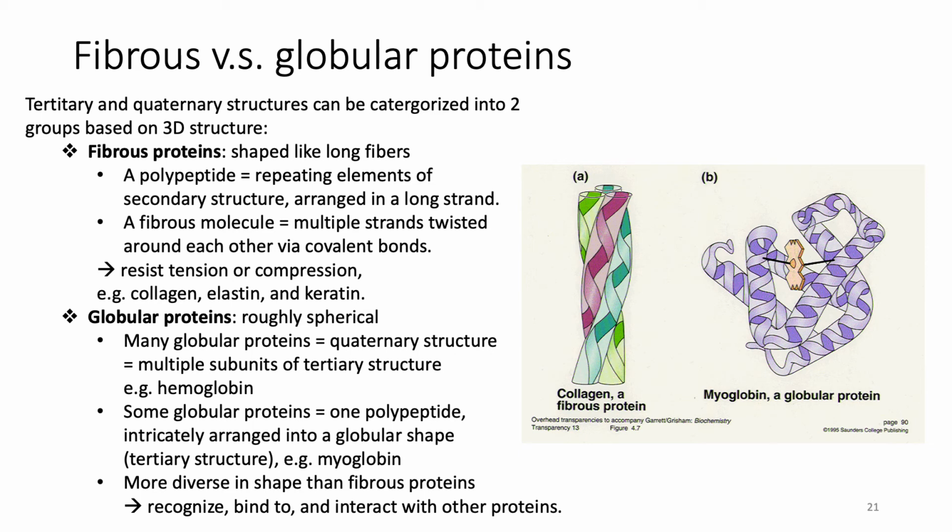There's not much diversity with fibrous proteins because you can make them thicker or longer, but that's about it. In contrast, with globular proteins, you can mold them into different shapes depending on the R group interactions. It is almost like molding Play-Doh into different shapes. You'll see later that the diversity in shape allows globular proteins to recognize and interact with a variety of proteins, especially in enzymes.